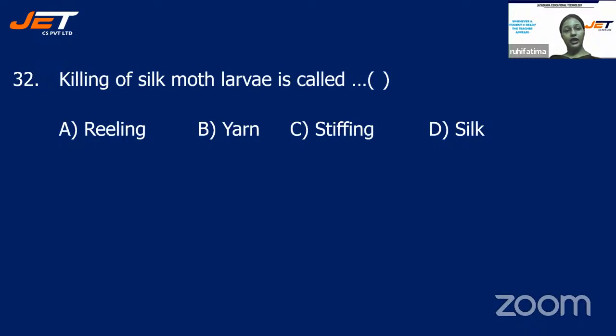Okay. Here we have the next question. Killing of silk moth larvae is called dash. What is called killing of silk moth larvae? The correct answer is stiffing. What happens when a silkworm produces its cocoon?